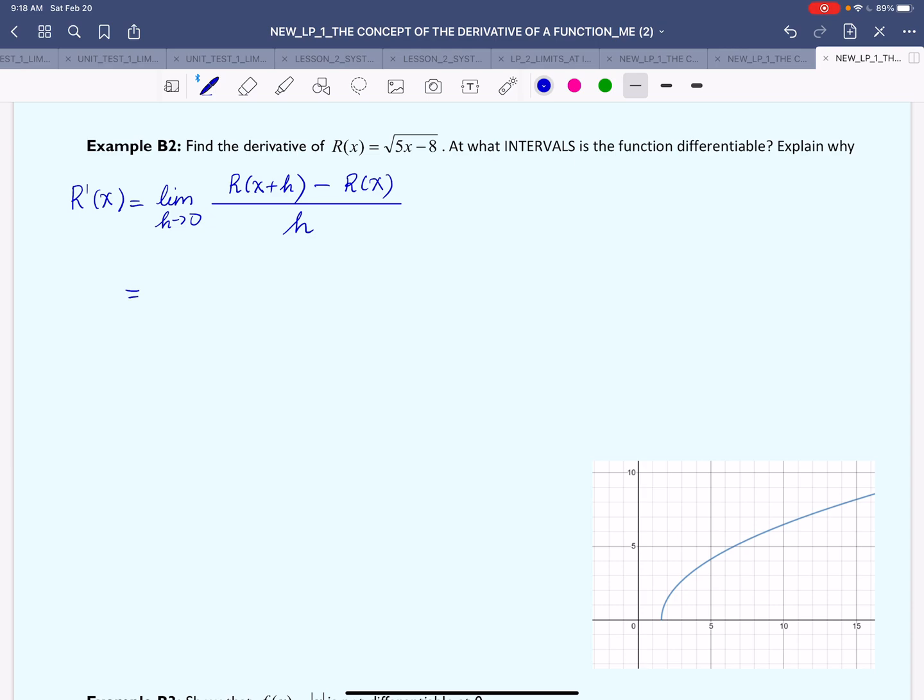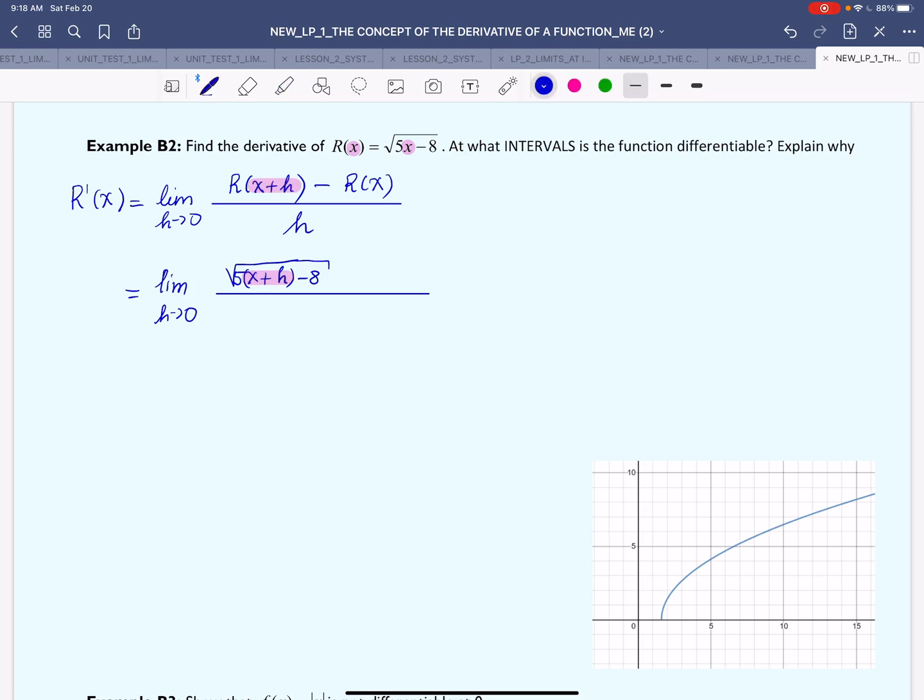So that would equal the limit as h approaches 0. And here we go. We have the square root of 5 times x plus h minus 8. So wherever you see x, you replace it by x plus h, right?